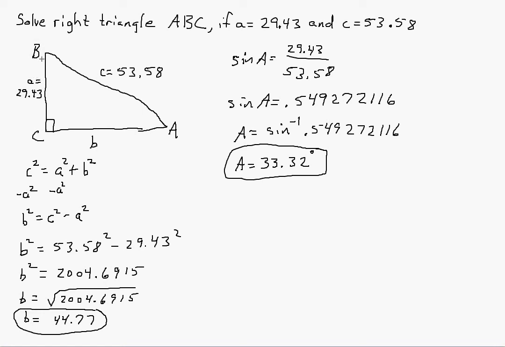See, side A is adjacent to angle B. So we could do it like this, but an easier way, since C is 90 degrees, and we know that angle A and angle B add up to 90, then angle B would have to be 90 degrees minus the measure of angle A, which is 33.32 degrees. And that would give us an answer of 56.68 degrees. So here's the measure of angle B.